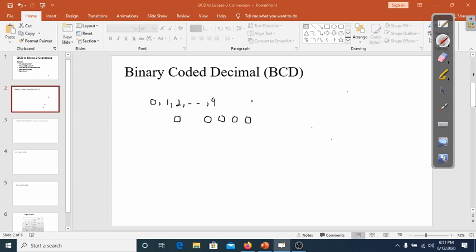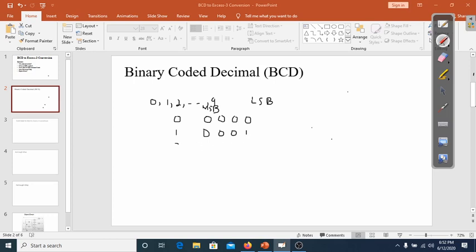This is the LSB, least significant bit, and this is the MSB, most significant bit. Hope you understand here. It is difficult for me to use the digital board here. So for 1 we have this bit 0, this 0, this 0, and this 1.